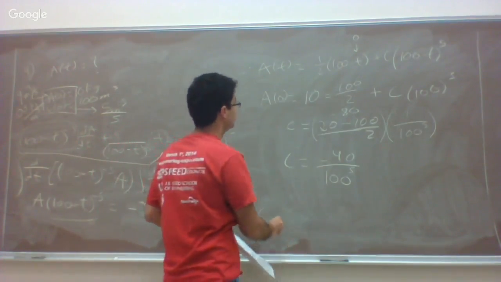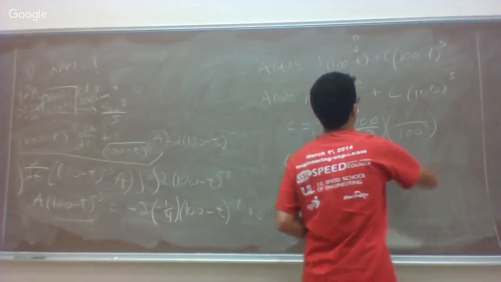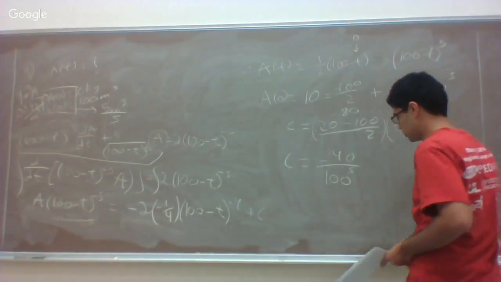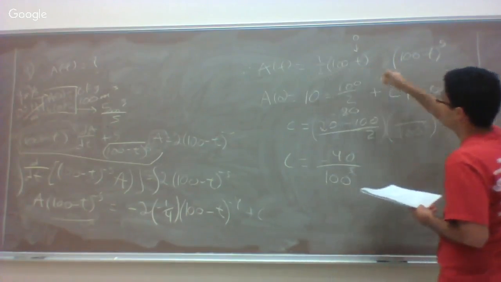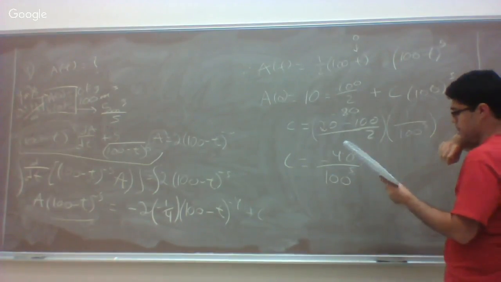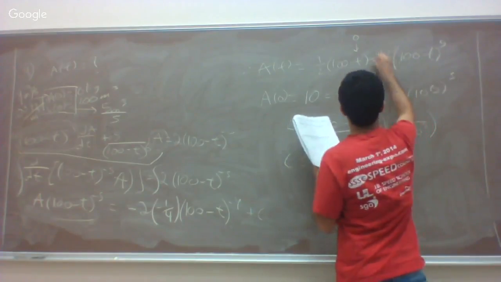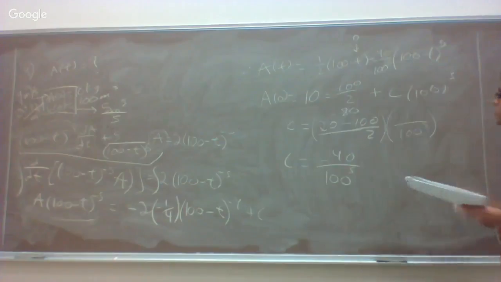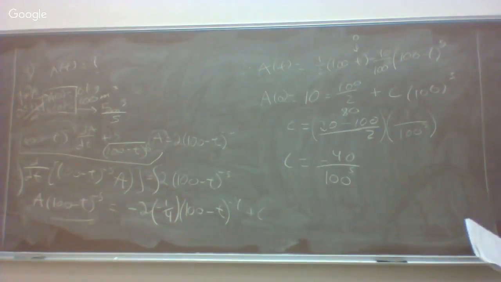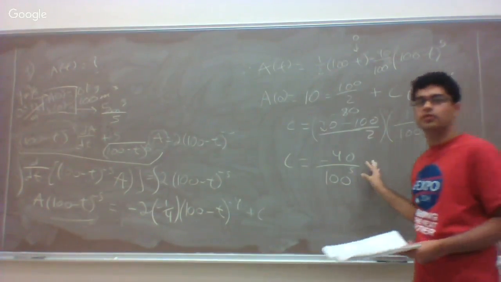So that a of t equal to 1/2 times 100 minus t, minus 40 divided by 100 to the 5th power times the quantity of 100 minus t to the 5th. Does this make sense?